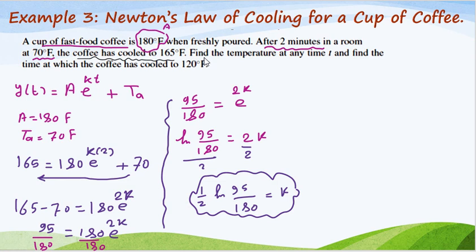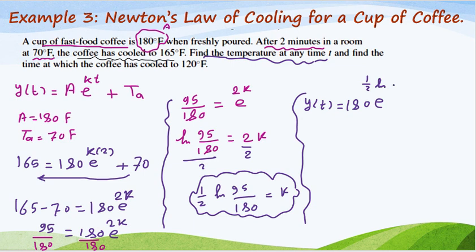The first question: find the temperature at any time. We substitute into the general formula: y of t at any time is equal to 180 times e to the power k, where k is half ln of 95 over 180, times t, plus 70.